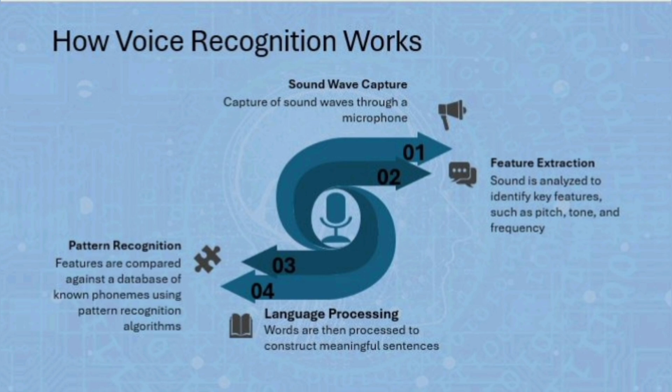The third step is pattern recognition. The extracted features are compared against a database of known phonemes using pattern recognition algorithms. This step involves matching the phonemes to form words. HMMs and neural networks are frequently employed for this purpose.